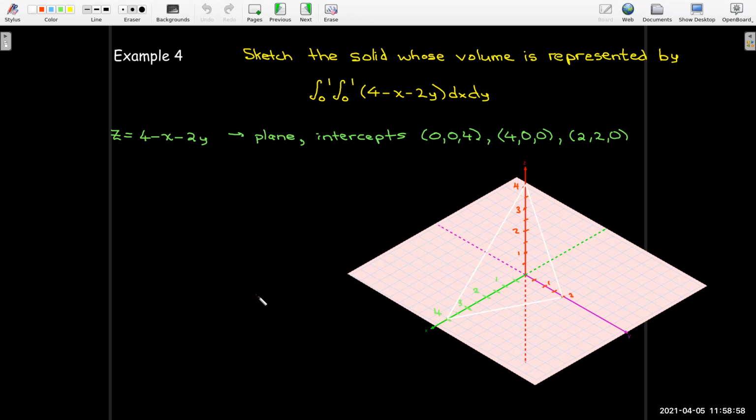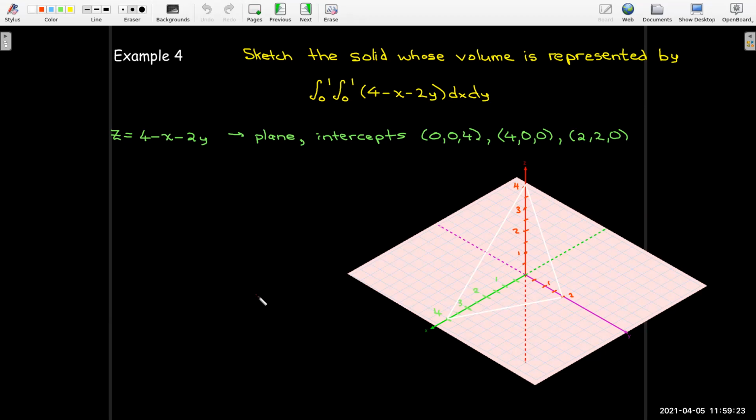So I'm just putting x and y equal to 0, and I get z equals 4. If I put y and z equal to 0, I'll get x equals 2. And if I put z and x equal to 0, I should get y equals 2.